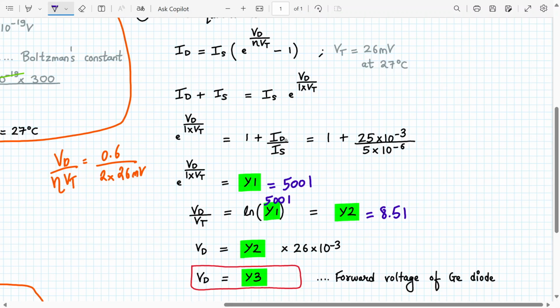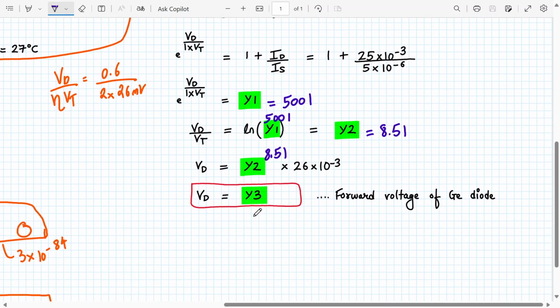Now multiply this number with 26 millivolt. So tell me the value of VD. 0.2212 volt. So this is the value of the forward voltage for the germanium diode.